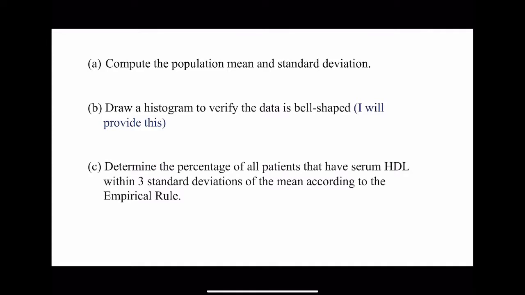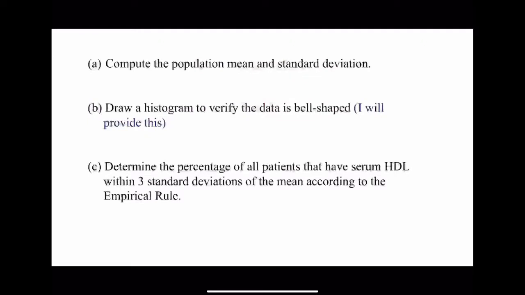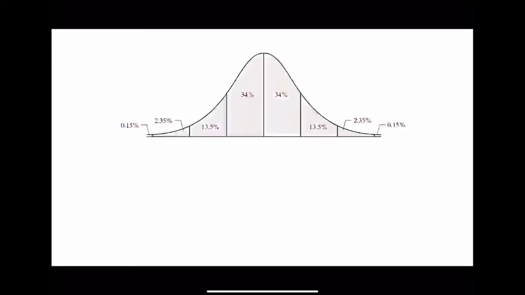So we're going to determine what percent of all patients have a serum HDL within 3 standard deviations of the mean. So take a look at this. 3 standard deviations away from the mean, 99.7% will fit there.